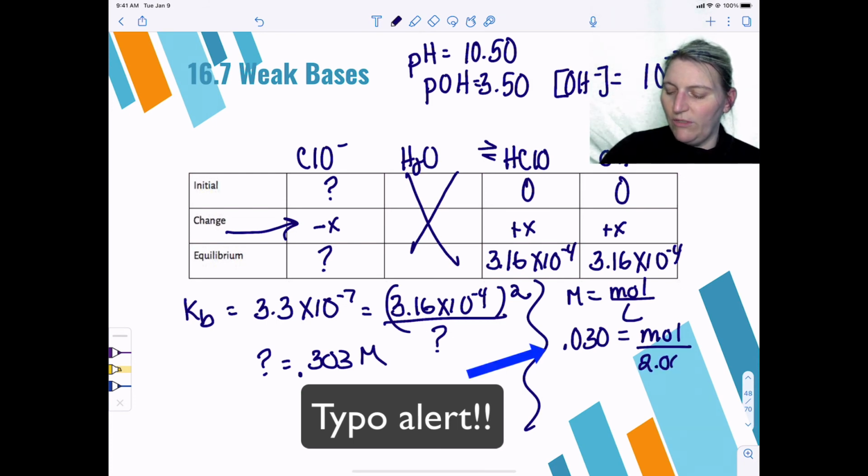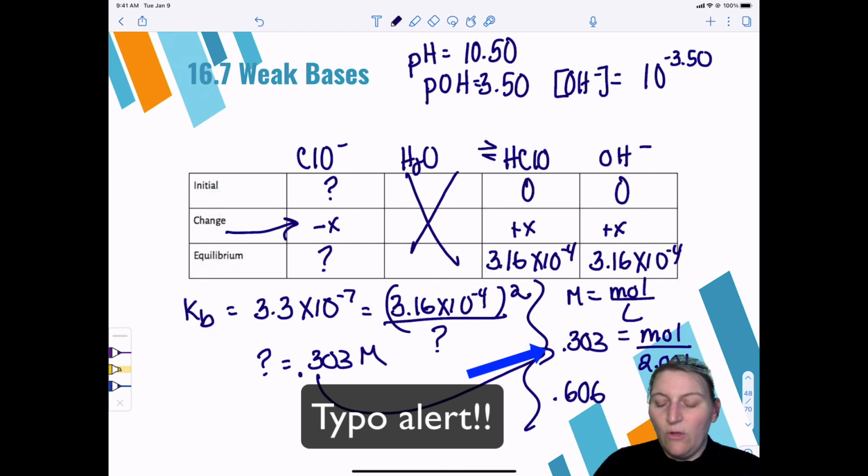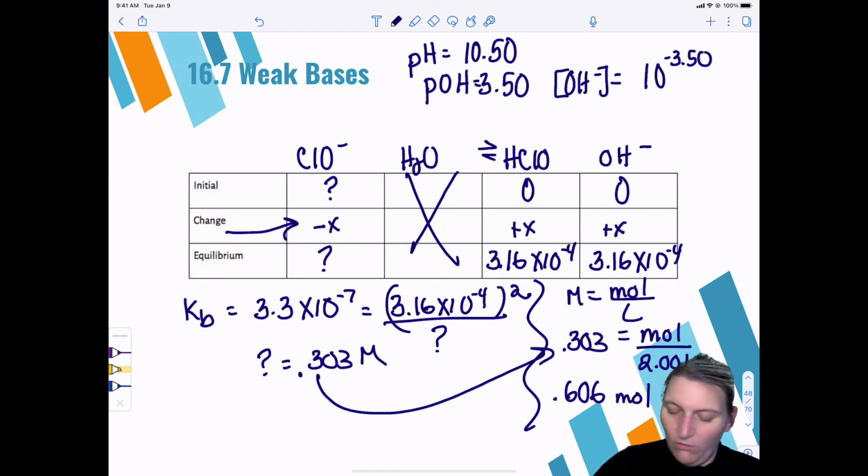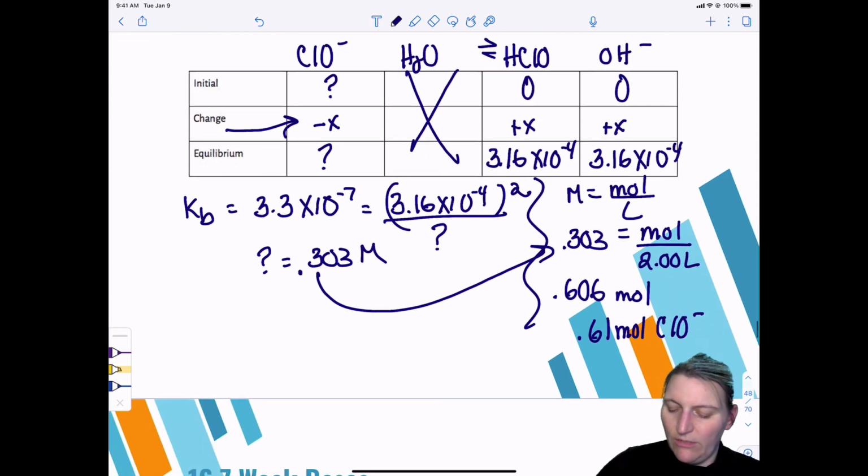And remember, it's 2.00 liters. So when I multiply those two, I get 0.606, and that would be moles. And again, just to 2 significant figures, that might be 0.61 moles of ClO negative, which would of course need to come from 0.61 moles of sodium hypochlorite.